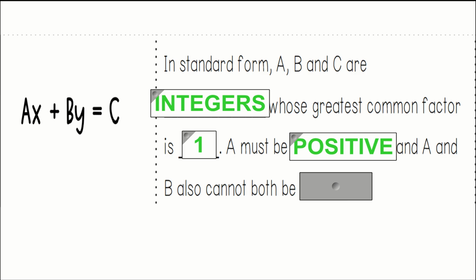Again, that's for true standard form. You will see some where you have negative A's, but that's technically not true standard form. And A and B both cannot be 0.